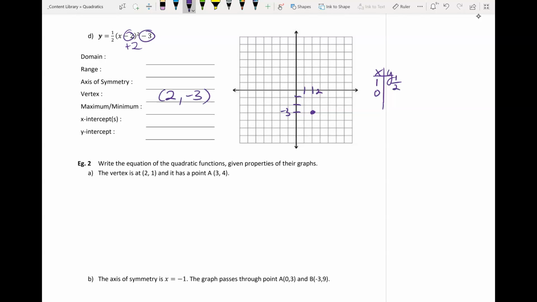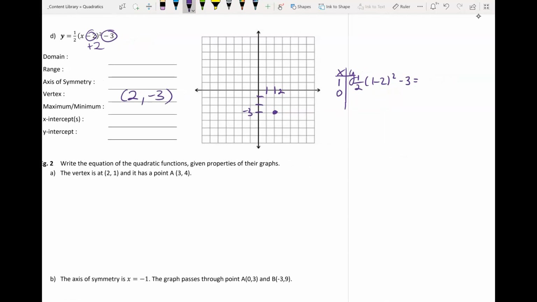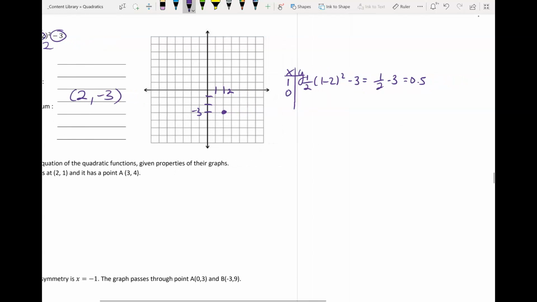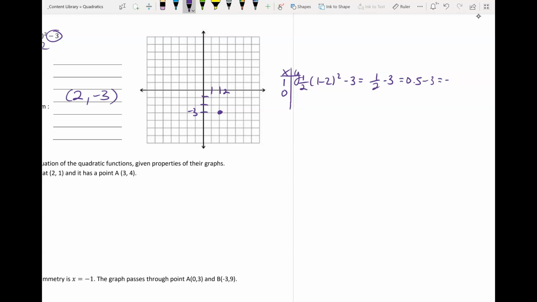I'm going to plug this in to find our y value for x equals 1. So this is going to be 1 squared, which is still 1, so it'll be a half minus 3. Or in other words, 0.5 minus 3 is negative 2.5.